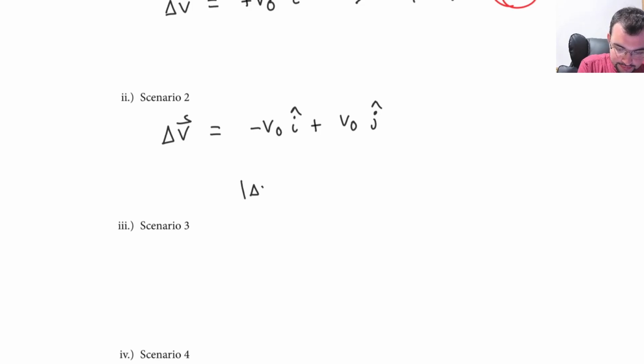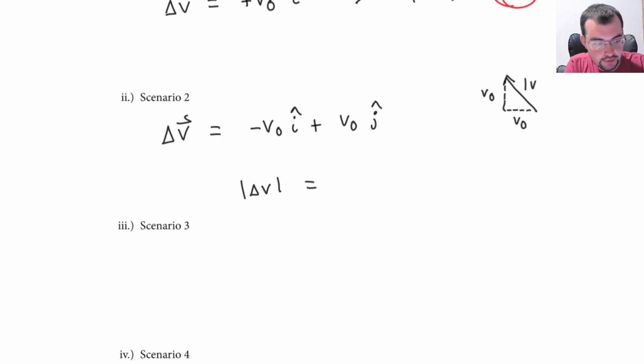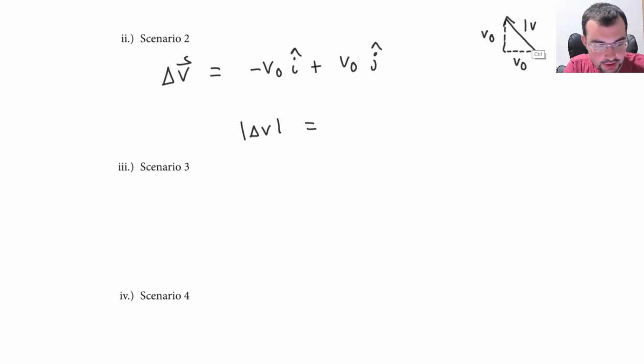So for this one, it's actually going to be a Pythagorean theorem situation, where this is v0 and this is also v0, and we want to find this quantity here. Now here's another common thing we will see when dealing with trig. There's a special right triangle, right?